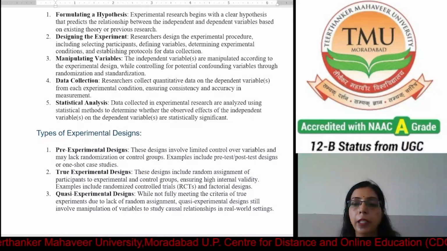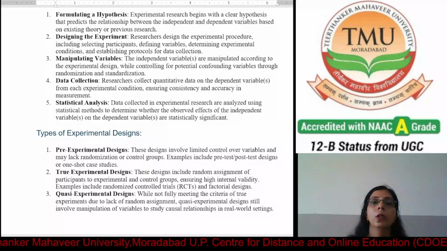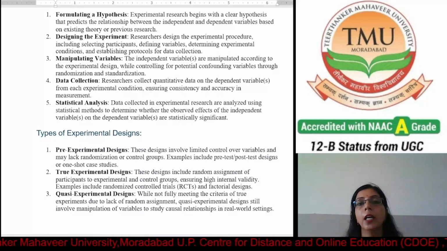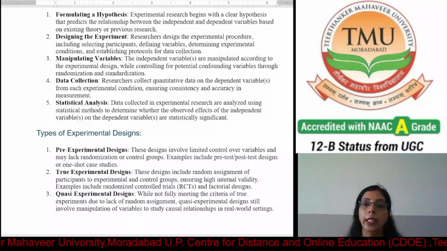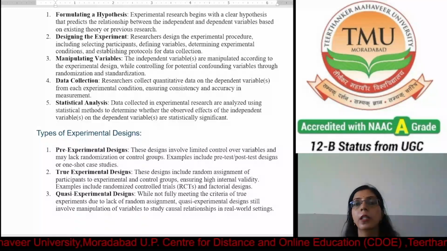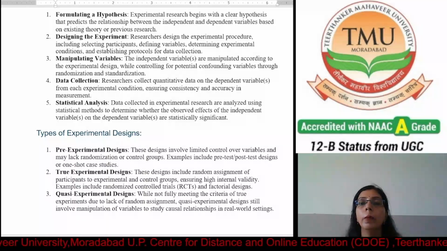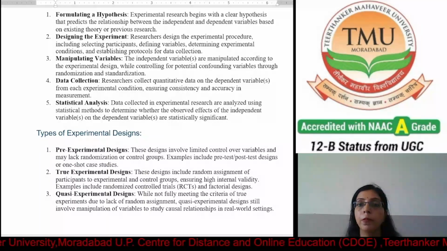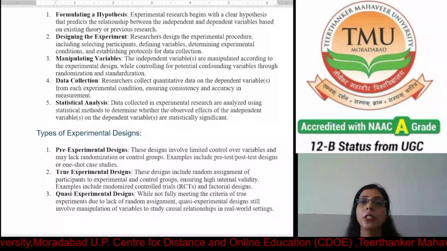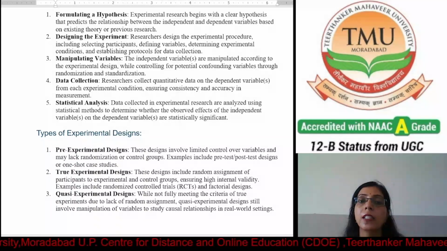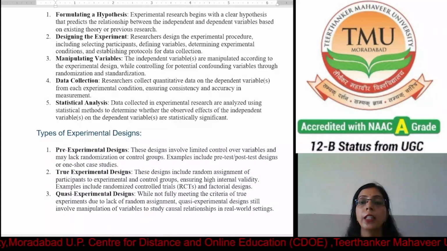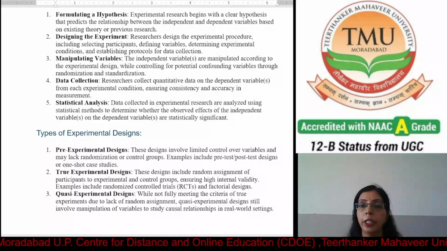True experimental design. True experimental designs are mostly used for experimental research in education because they seek to control the main effects of history, maturation, testing, measuring instruments, statistical regression, selection, and mortality.